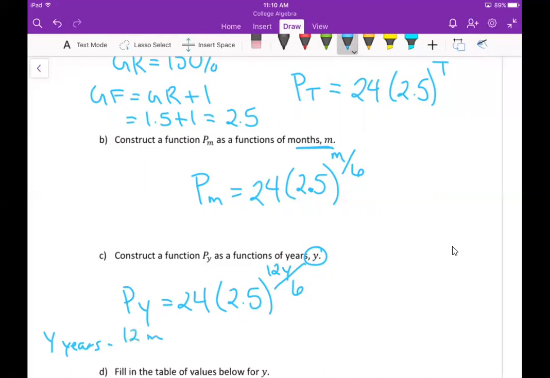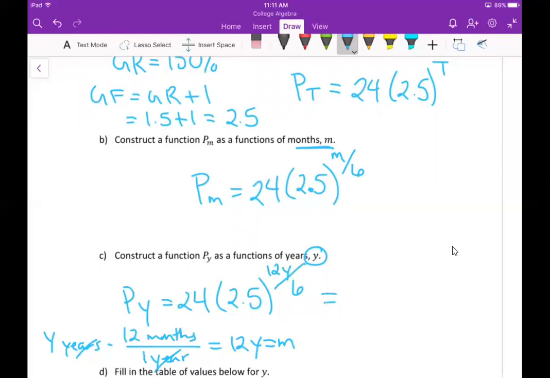That's 12 months every 1 year. So if I want to plug in months, 12y equals a month, right? So I substitute the months there for that 12y. And I keep the divided by 6 because I still need that divided by 6 in my months equation.